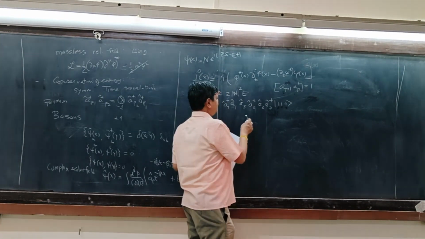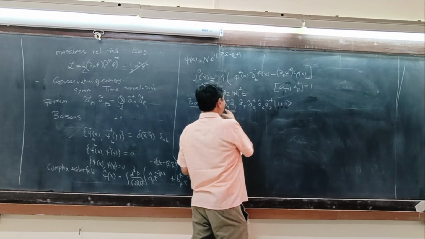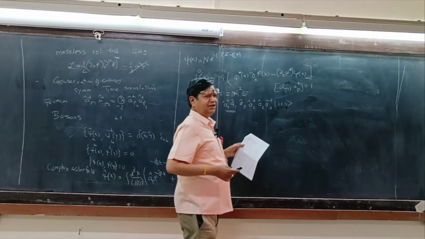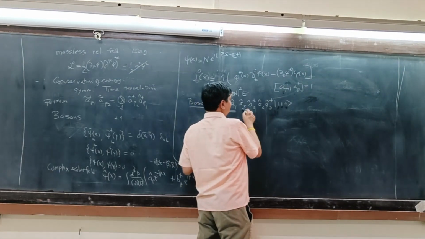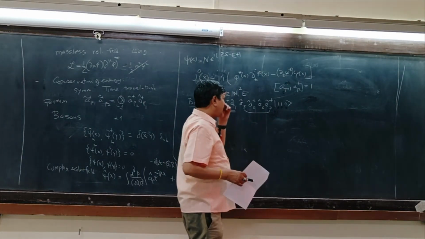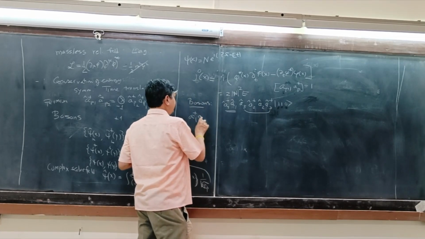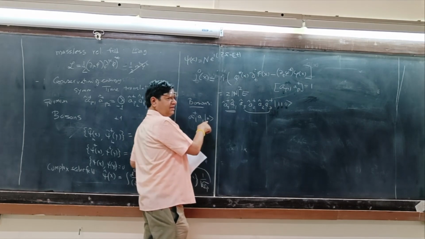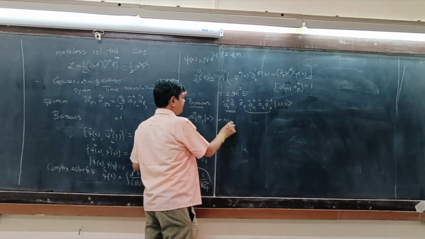So let's look at, for example, this one. A1 dagger A1 is the particle number, which is great. But A3 and A3 dagger are not together. So what do I want? I know that A1 dagger A1 acting on n particles in that state would give me n.